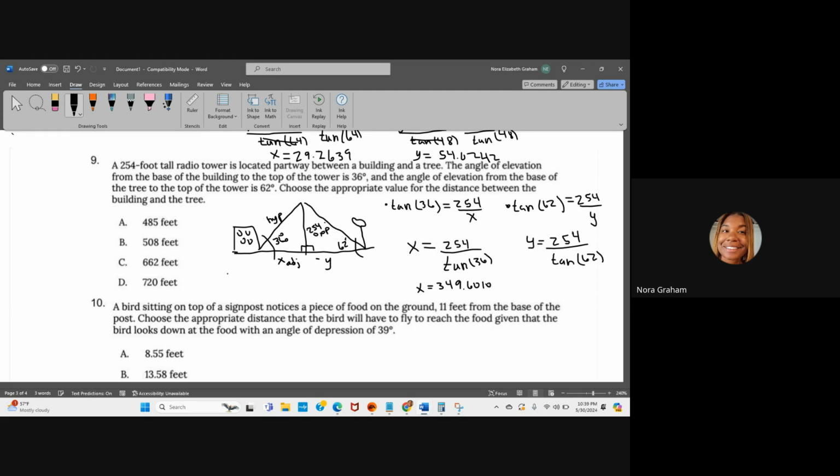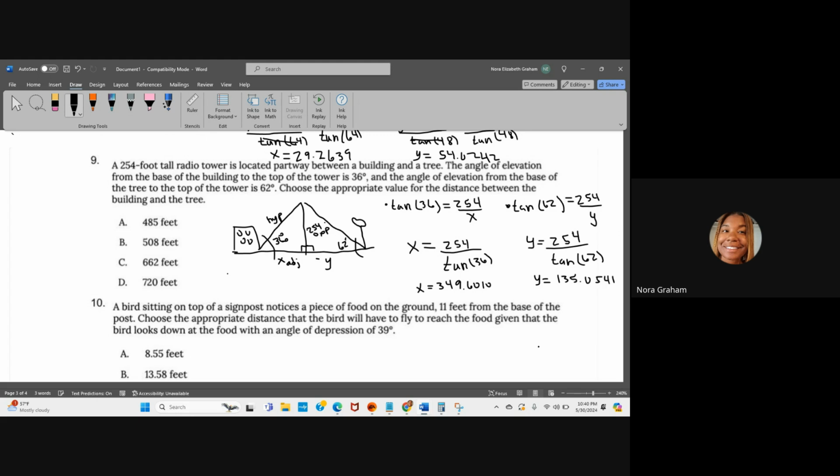And I'm just writing 4 digits after my decimal point, so I make sure I get it right. And then for y, I'll get 135.0541.